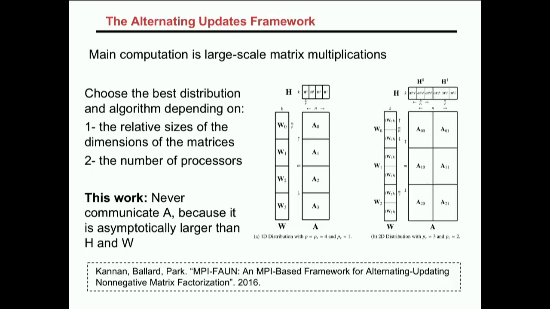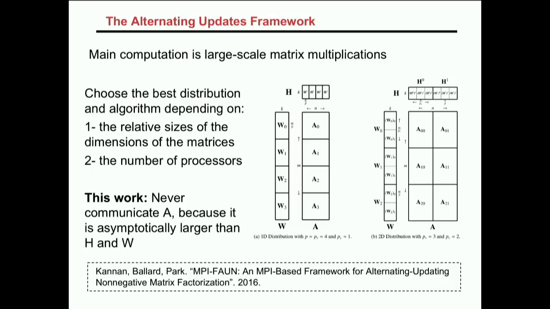So instead of thinking about this as a blind square by square matrix multiplication, you have to understand that communicating A is the most expensive thing, and you're better off just rotating the output, W or H.